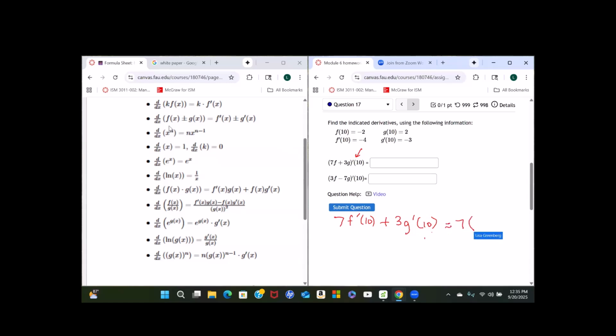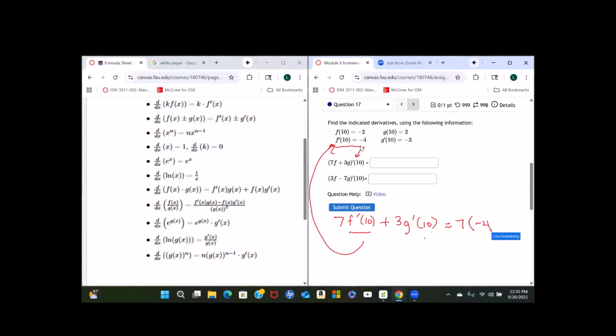7 times, look, what's this? The first one, negative 4. So 7 times negative 4. Exactly.